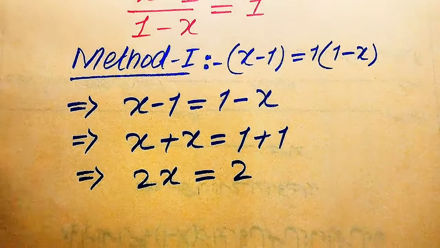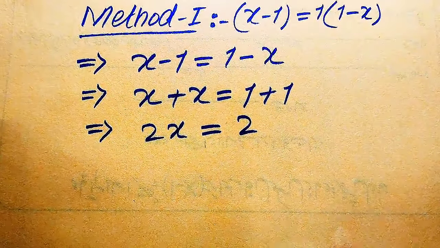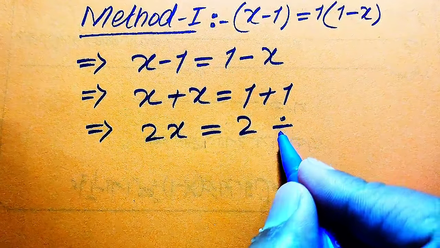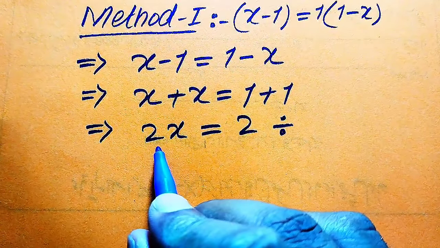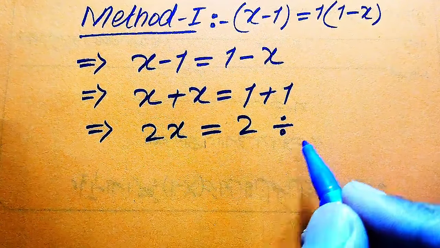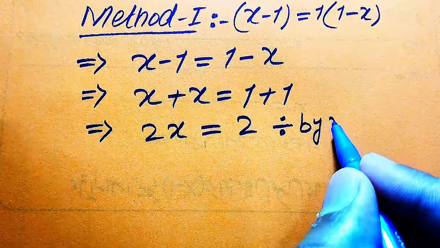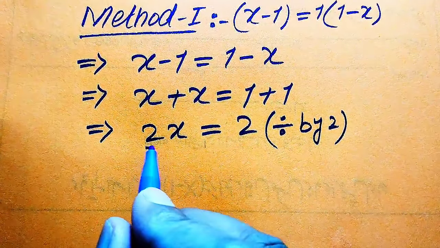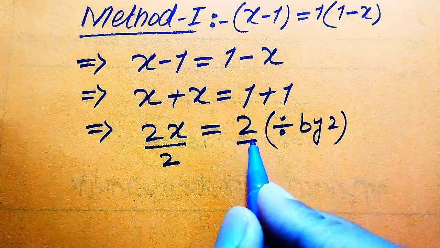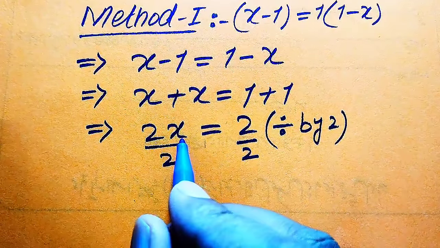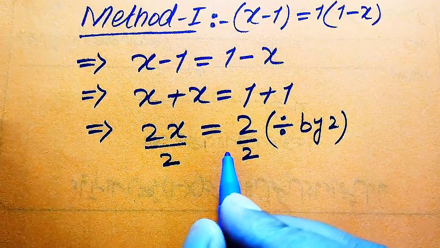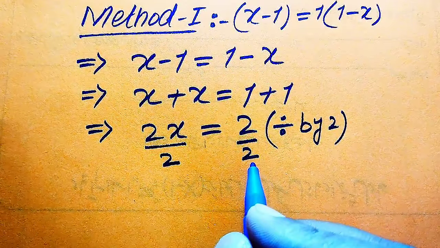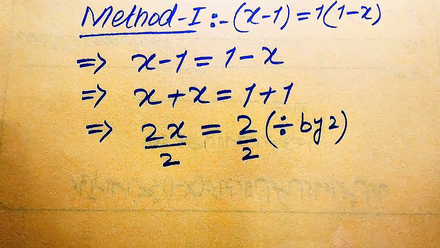And further in the next step, we need more simplification. Here we need to remove this 2 from the left hand side. For this we divide both sides by 2. So when we divide by 2, it becomes 2x divided by 2 is equal to 2 divided by 2.